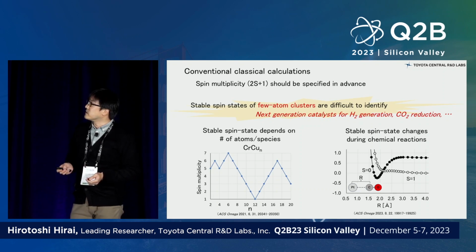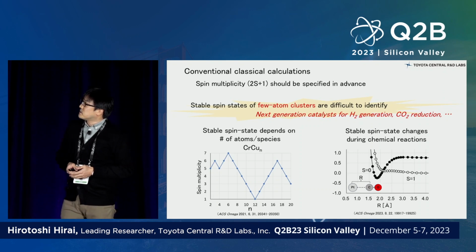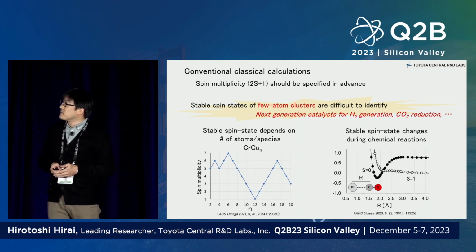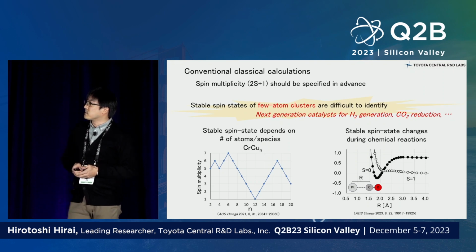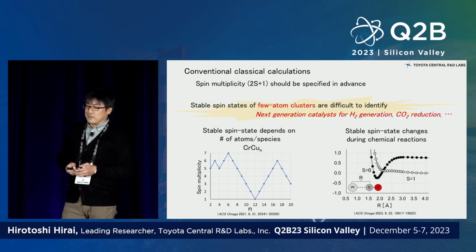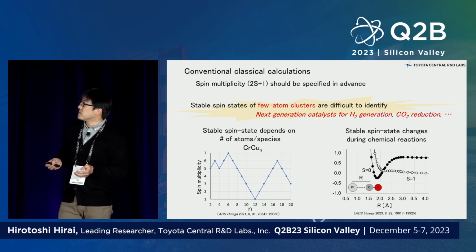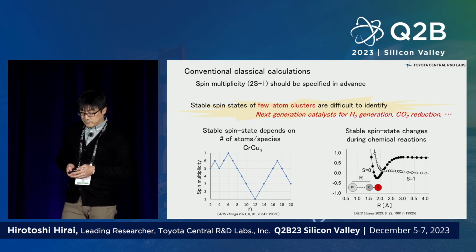So there is a crossover of spin state. The most stable state, the ground state, changes during the chemical reactions. But in most cases, we are interested in the most stable state to estimate the reaction energy. But we have to conduct multiple computations to identify it.